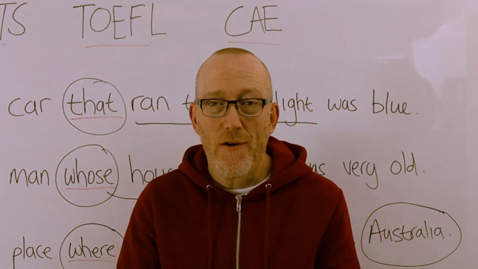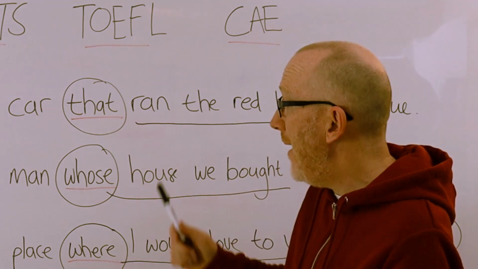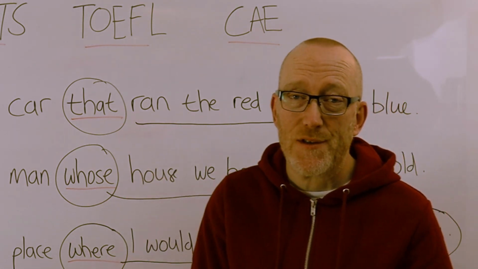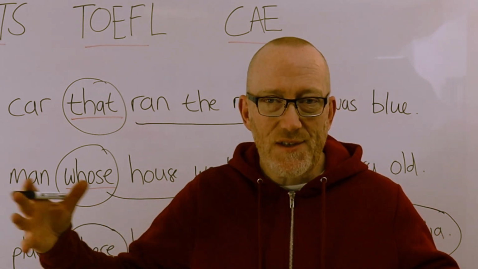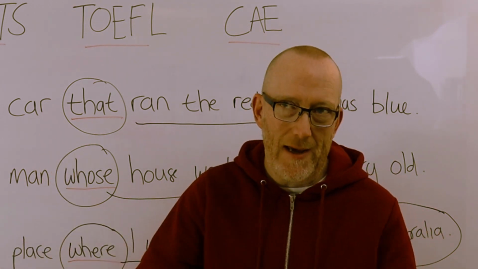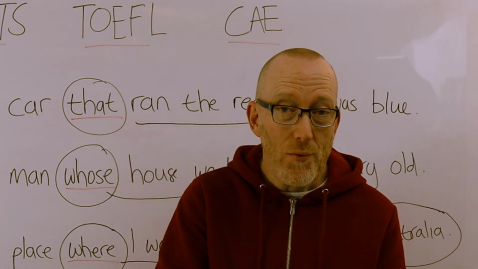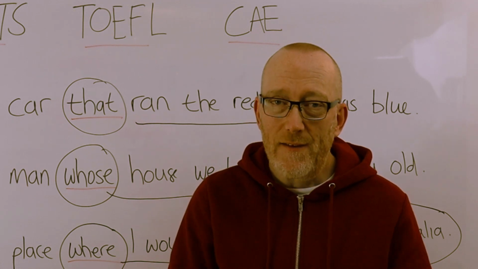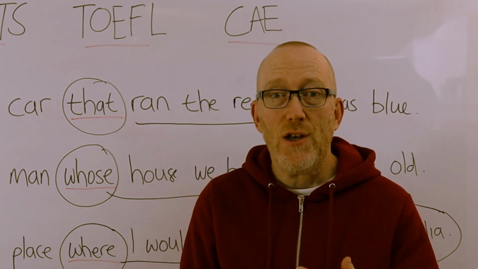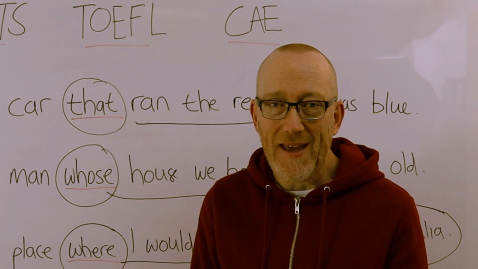So this was just a very simple example of how you can use these relative pronouns to increase and extend what you say in your IELTS, your TOEFL, your Cambridge, or any other English exam that you have to take. These are great ways to extend your sentences in your speaking exam.